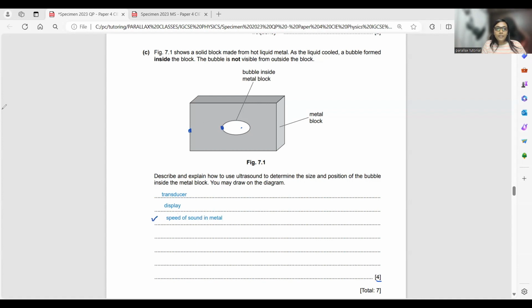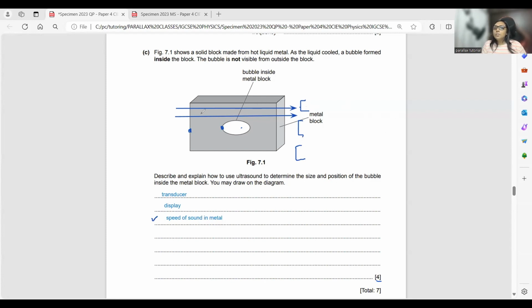I think a diagram will help better to understand this concept. Let's say you are passing ultrasound like this through the metal, okay? So it passes through the whole body of the metal and you have placed detectors on this side, right? The detector will be detecting the ultrasound and you know the length of the metal, that is, you know the distance the sound has traveled.